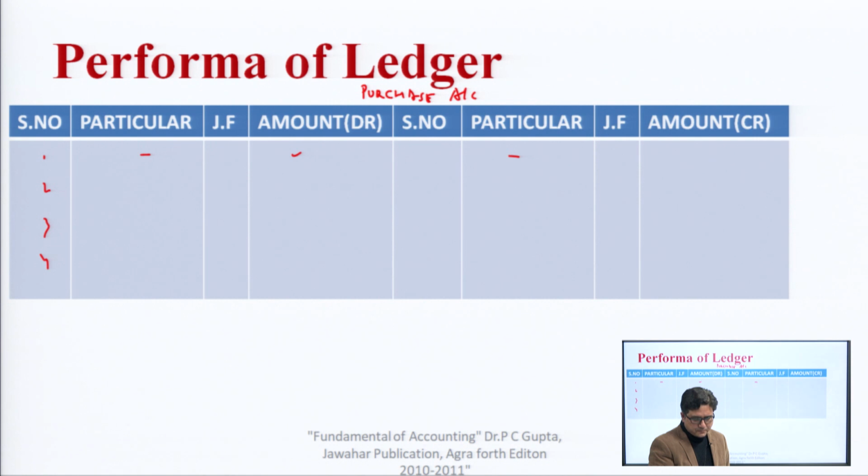So, friends, the important part is how we can do the ledger. Let us see, I give you just two entries. Purchase account to cash account, and the amount is rupees 500.